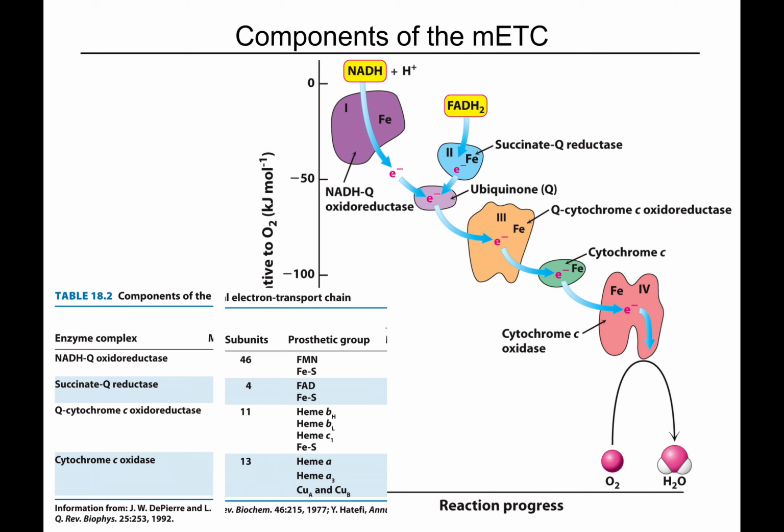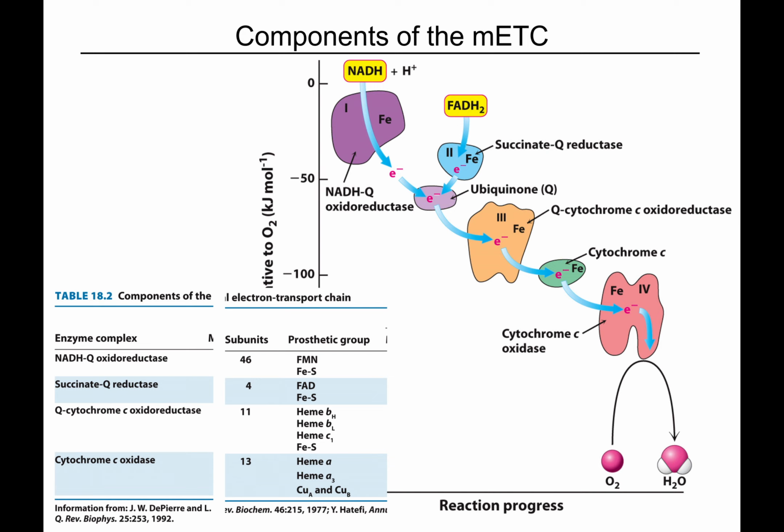When we start at NADH, we pass the electrons through complex 1, ultimately giving them to this little purple blob that represents coenzyme Q, also called ubiquinone. If we start at FADH2, this is our complex 2.